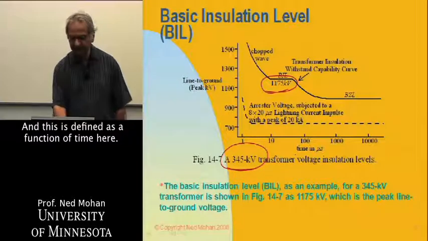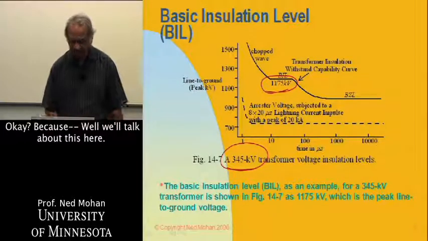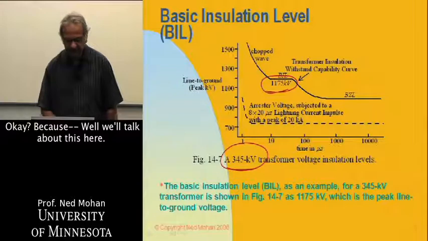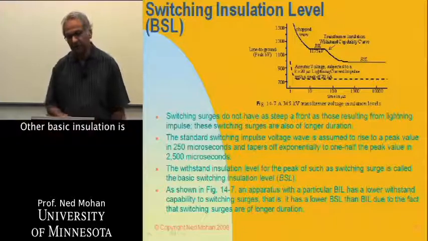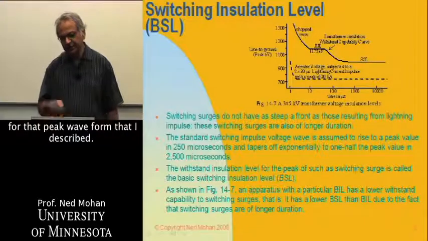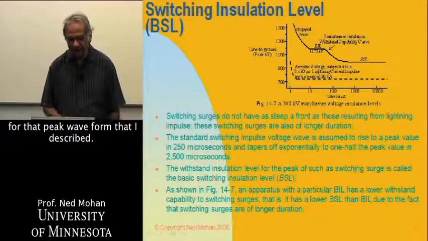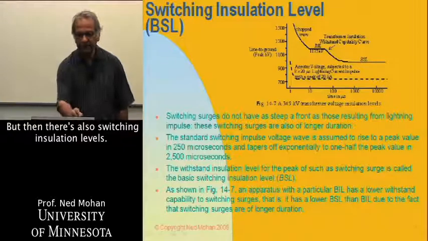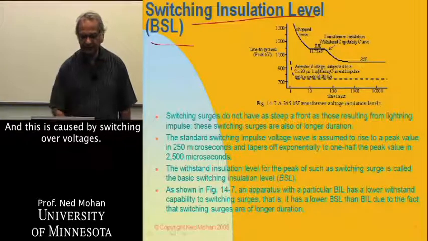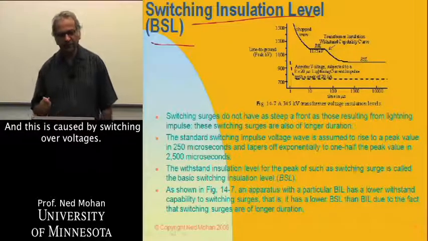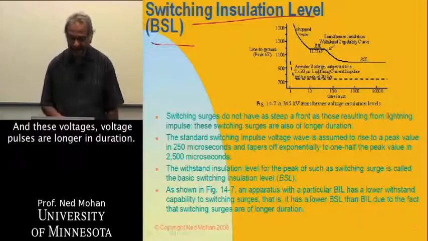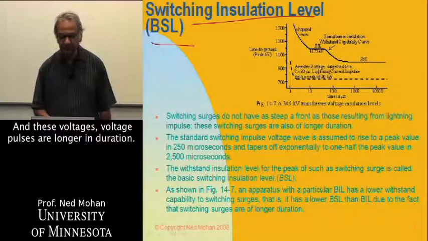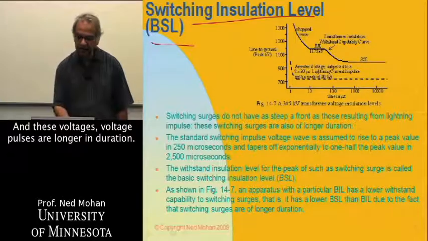And this is defined as a function of time here. The other basic insulation is for that peak waveform that I described, but then there is also switching insulation level, and this is caused by switching overvoltages when we switch the transmission lines. These voltage pulses are longer in duration.